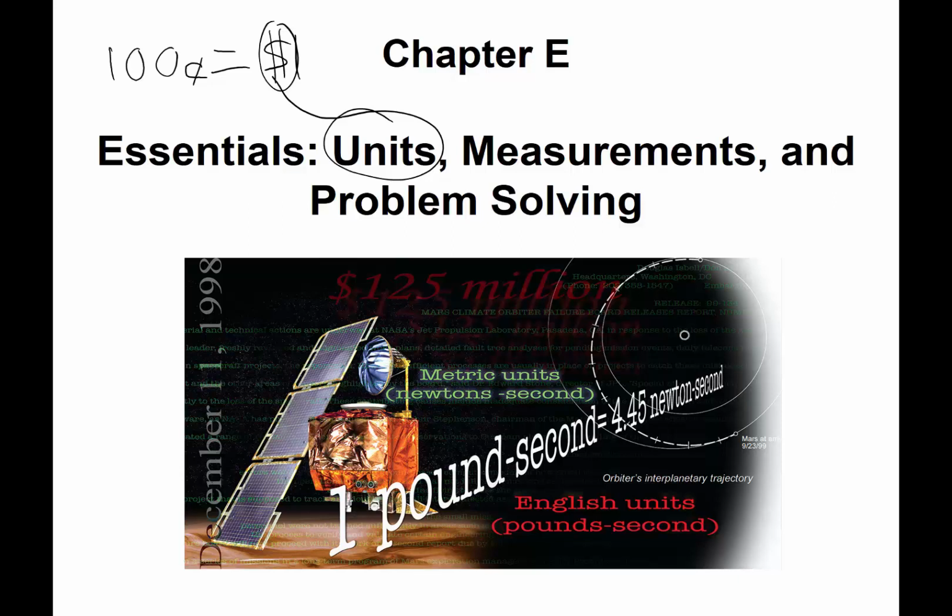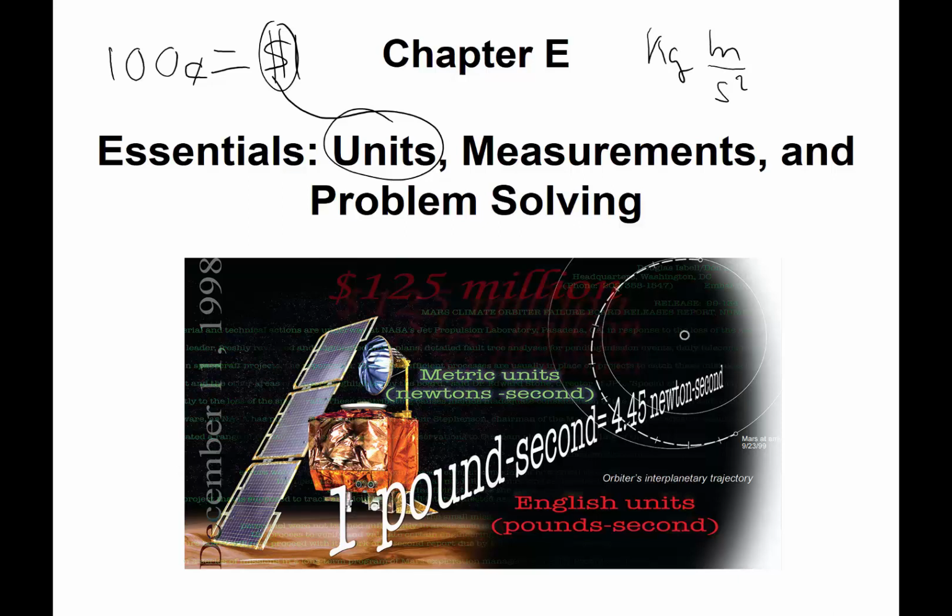And so what happened is, because a newton is a force, right? And the newton is measured in kilograms times meters per second squared. And a pound is a different measure of force.